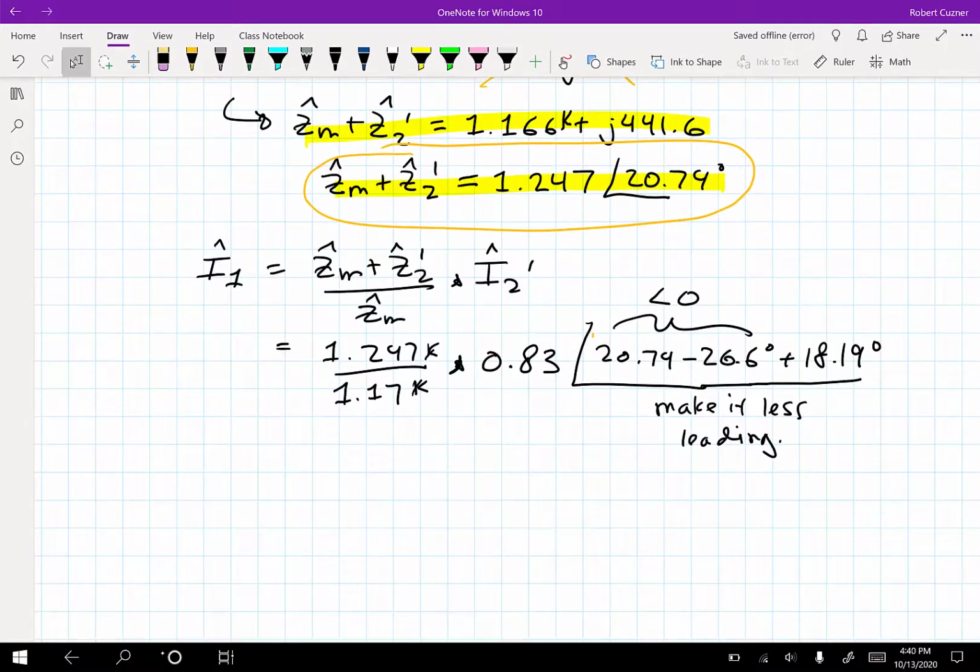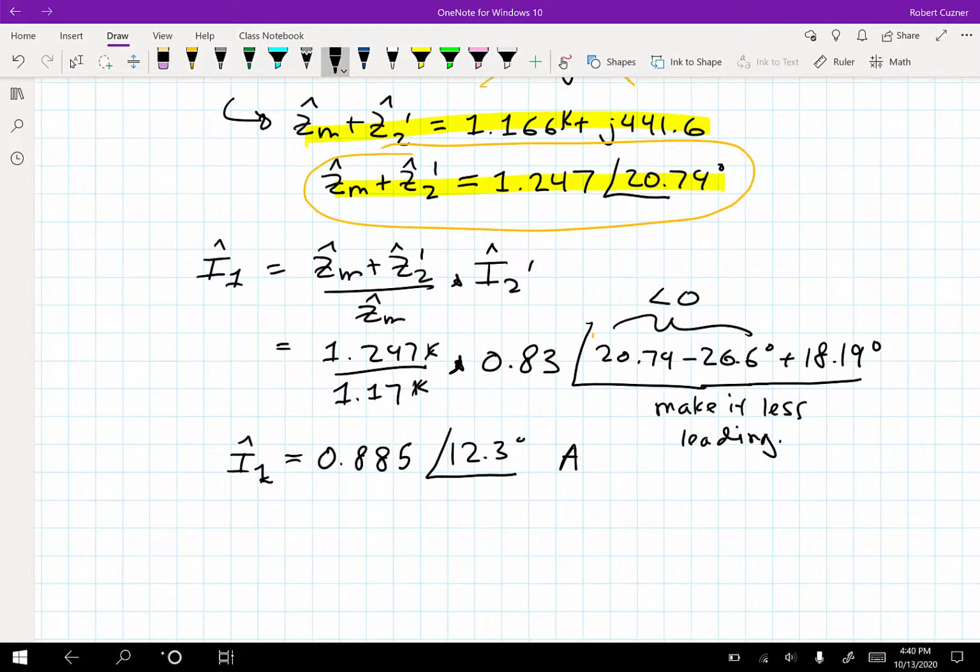Okay, so let's simplify that, and now we have I1, which is 0.885 amps at an angle of 12.3 degrees. So it's leading, but not as badly leading. So there's your primary side current.